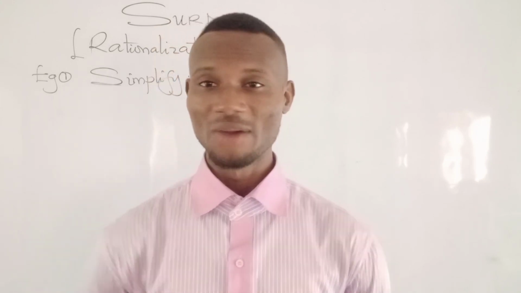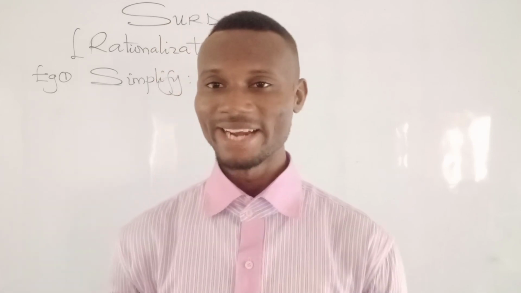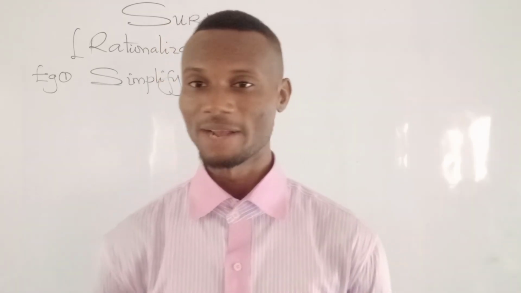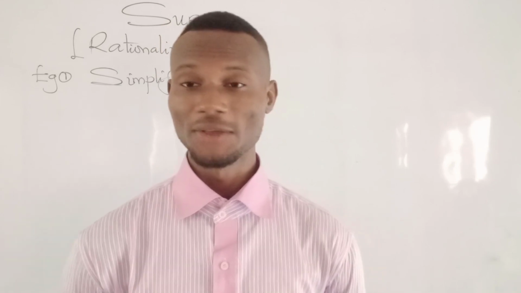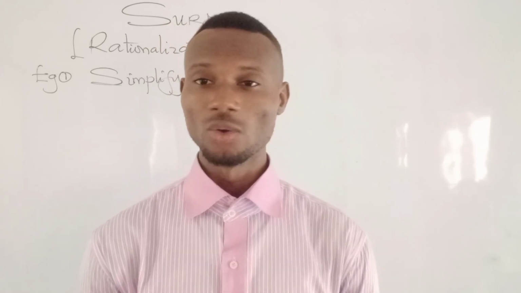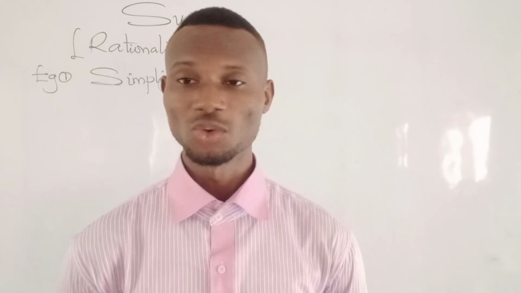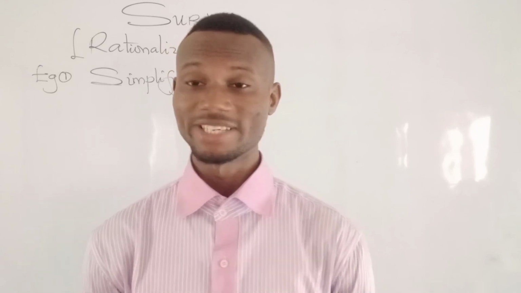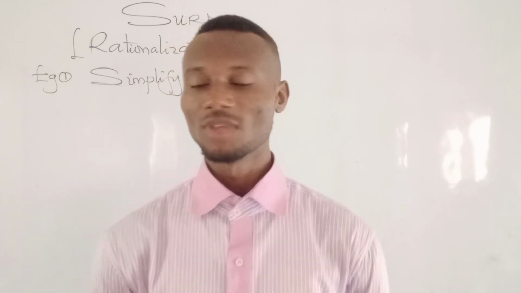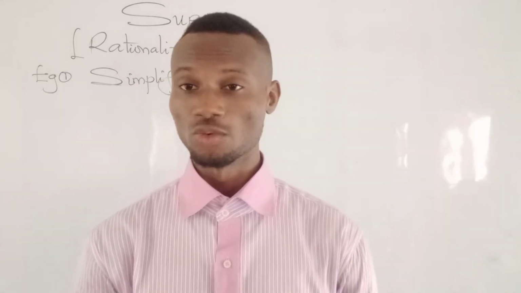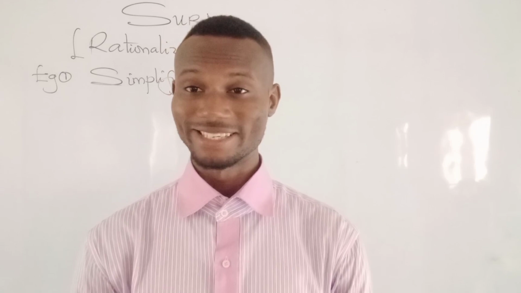So in this video, I want us to continue and handle another aspect of the rationalization where you have a fraction in which the denominator contains two terms. Okay, so in the previous videos, we handled questions where the fraction given for us to rationalize, you see that the denominator contains only a single term.